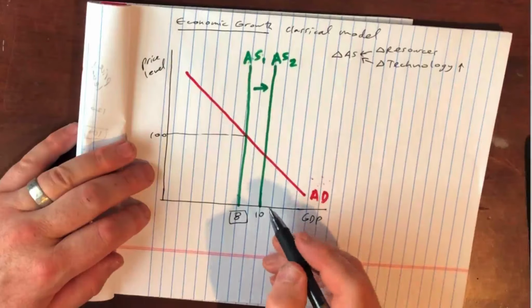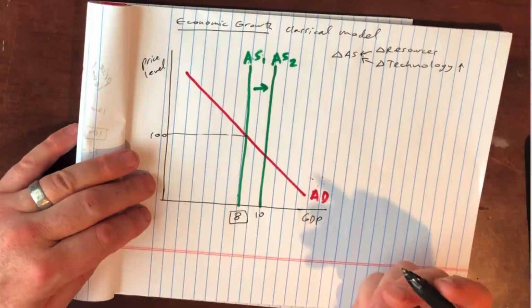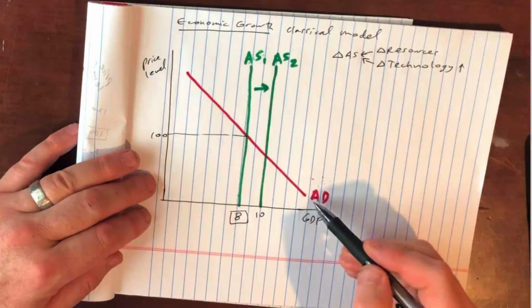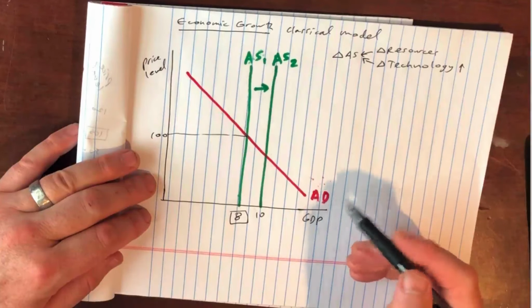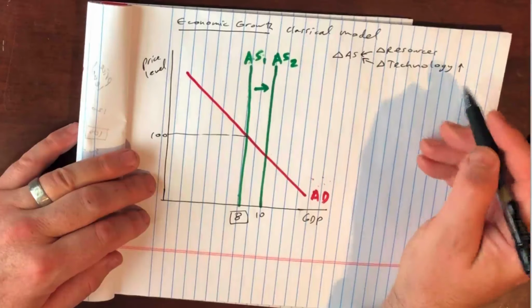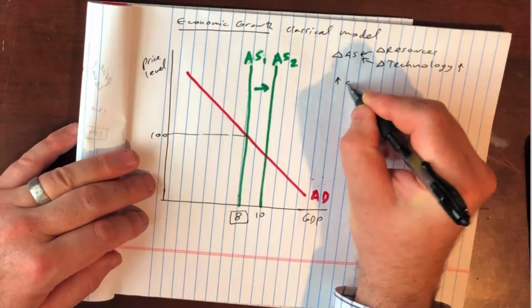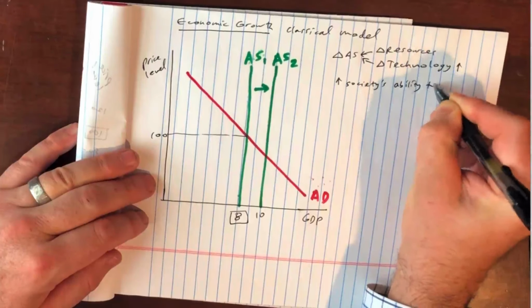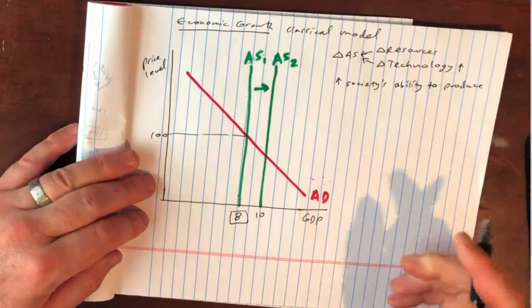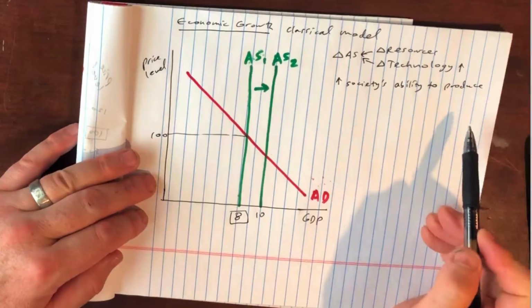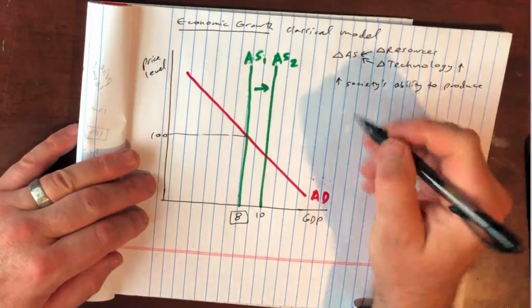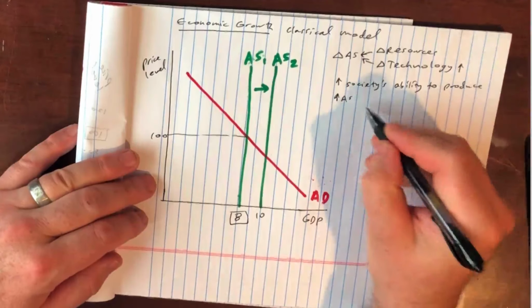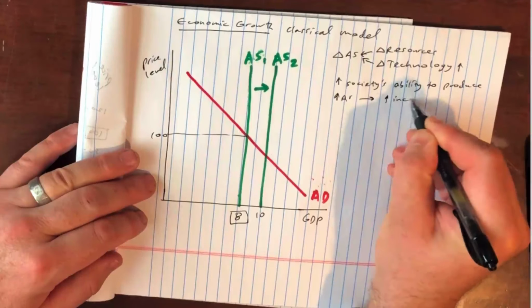All right, so if everything else didn't change, we would move along the aggregate demand curve. But here's the thing: this increase in technology, which has increased society's ability to produce, the same thing that shifts the aggregate supply curve, also increases the income, right?